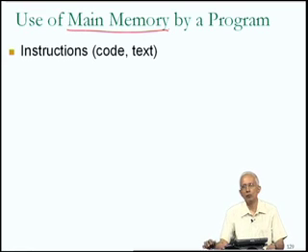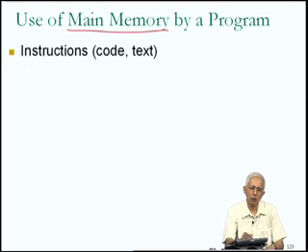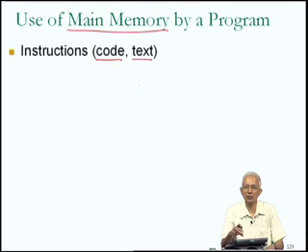Okay. Now, one very important thing which must be present in main memory for a program to be executed is the program itself. And from now on, in talking about the program itself, bearing in mind that the program itself contains both instructions and data, I'll talk about the instructions of the program using words like code or even text. You'll often find the word text or code used to refer to the instructions of a program.